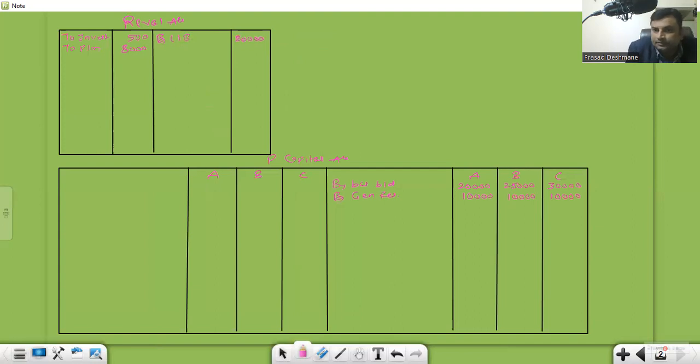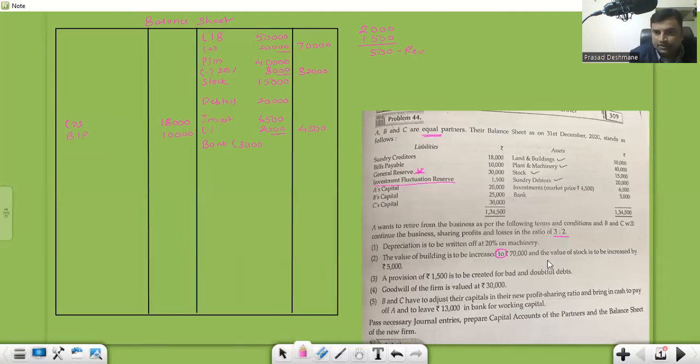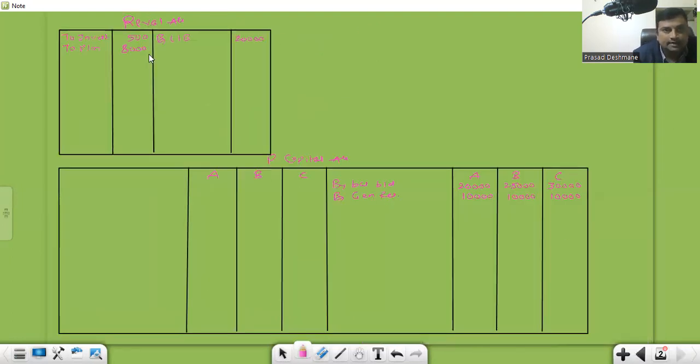Okay. Next, the value of stock to be increased by 5,000. Okay. So we'll increase stock by 5,000, so it will become 20,000. Again, an asset increase is a good thing for us. A reval credit.